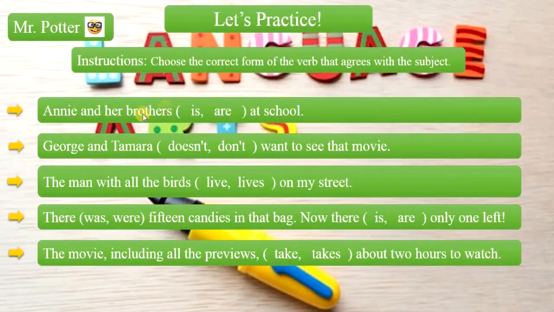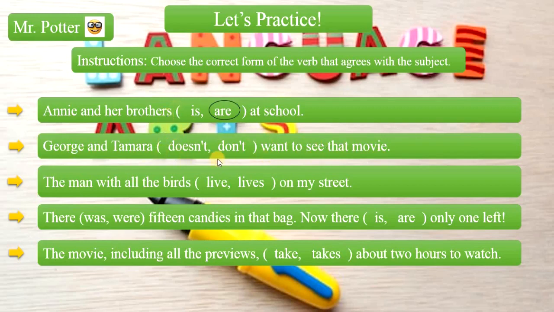Now, let's practice. Instructions: Choose the correct form of the verb that agrees with the subject. Number 1. Annie and her brothers at school. What is the correct one? Are. Very good, because we are talking about Annie and brothers, which is plural. George and Tamara want to see the movie.